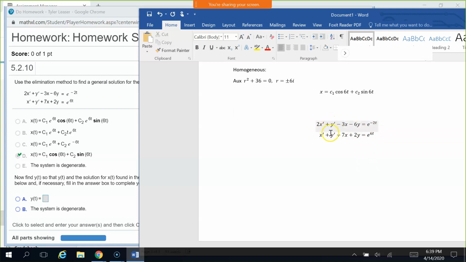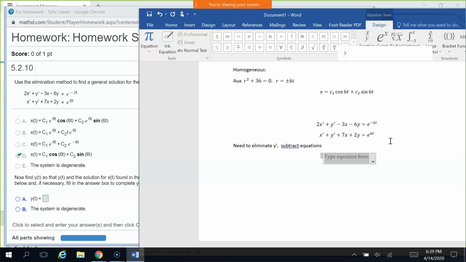What I want to do is I want to eliminate this y derivative. To do that, we're going to subtract these equations. That way they'll just cancel out. So if I subtract the first equation by the second equation, I get this.